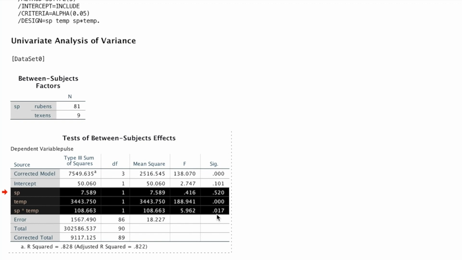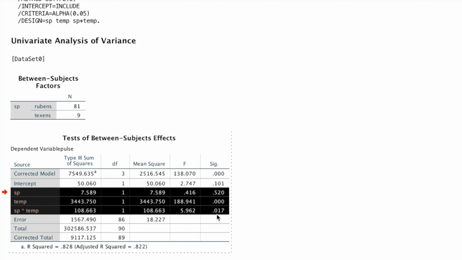And normally at this point, I would recommend you then go and do separate regressions for each species. So in other words, relate pulse rate to temperature for Gryllus rubens and pulse rate to temperature separately for Gryllus texensis. Actually, I don't think we care anything about that. Everybody knows that pulse rate depends on temperature.